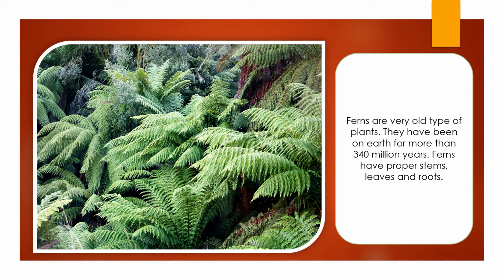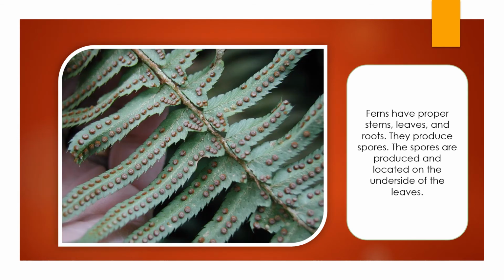Ferns are a very old type of plant. They have been on Earth for more than 340 million years. Ferns have proper stems, leaves, and roots. They reproduce through spores.